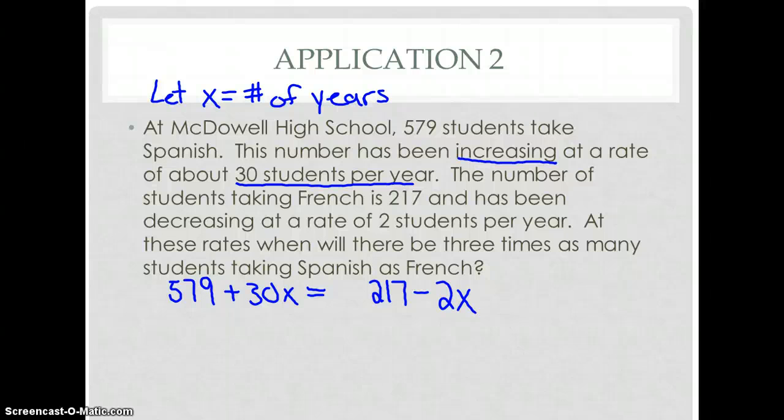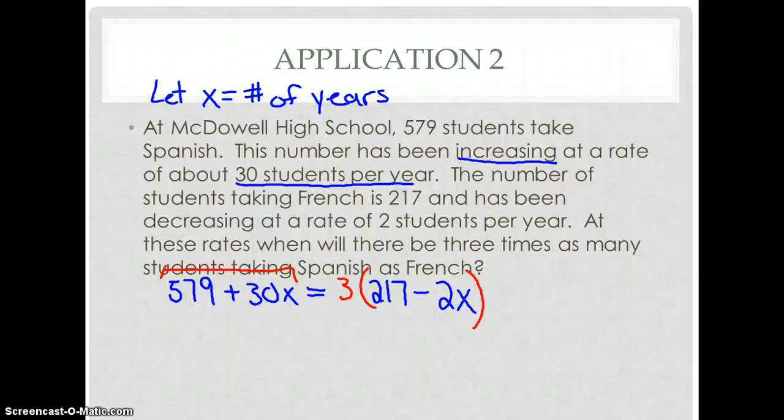That is not what we're looking for. We are looking to see when this 579 plus 30x, the number of students in Spanish, is equal to 3 times the number of students taking French. So I multiply that by 3.